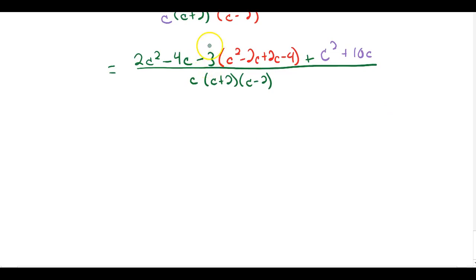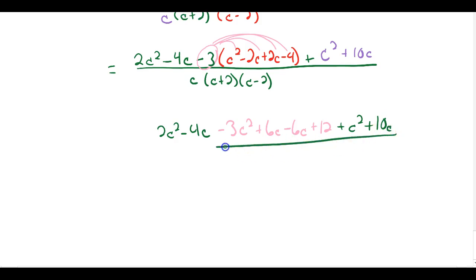I still have to distribute this negative 3 into this parentheses here. So that's going to give me a negative 3c squared plus 6c minus 6c plus 12. Everything else is going to come straight down. And my denominator is going to stay the same.